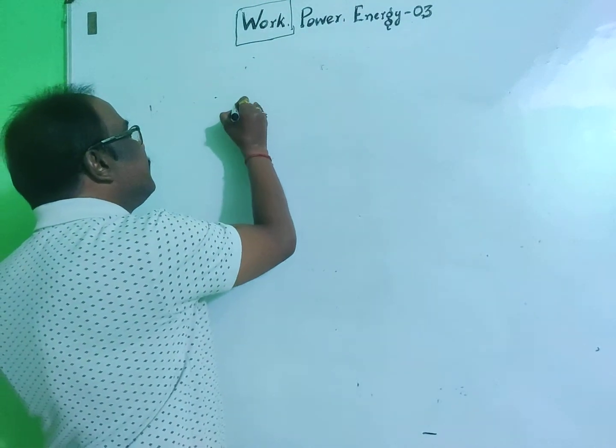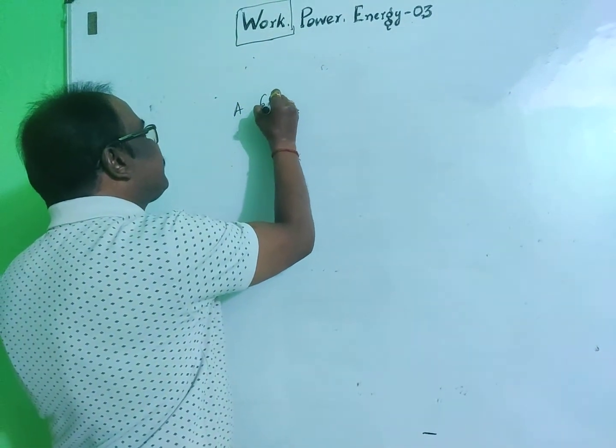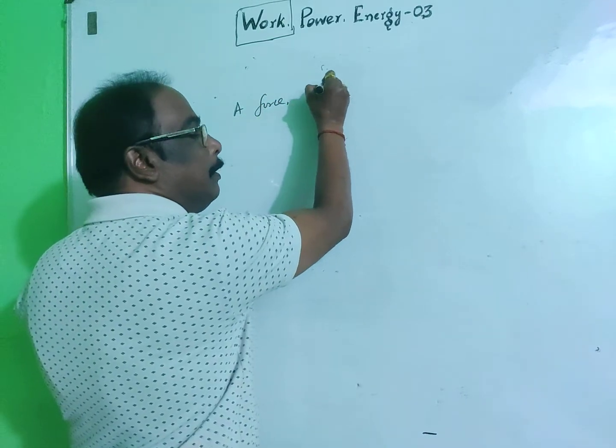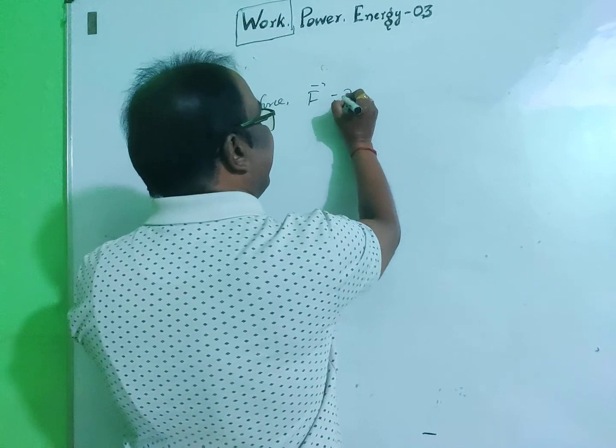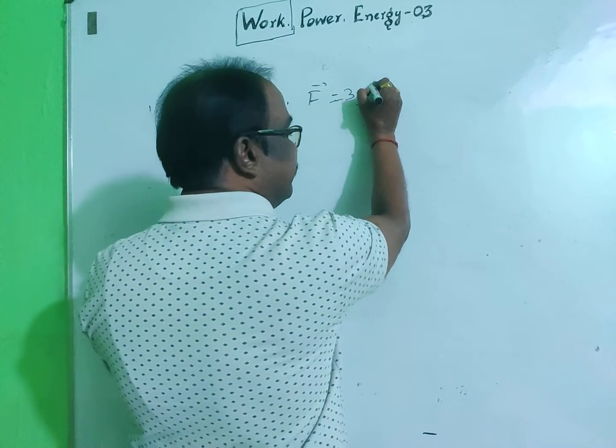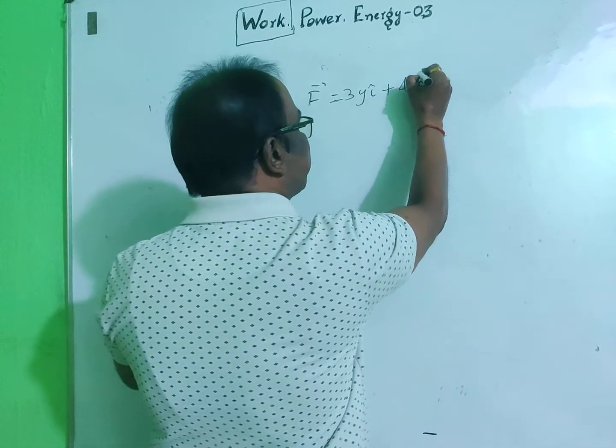Suppose a force F is equal to, I am changing the expression a little, 3y i cap plus 4x square j cap.